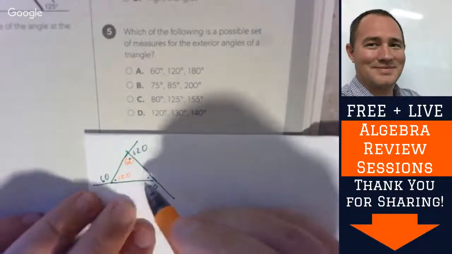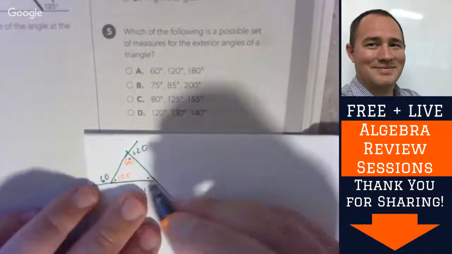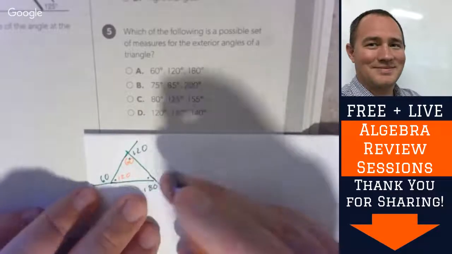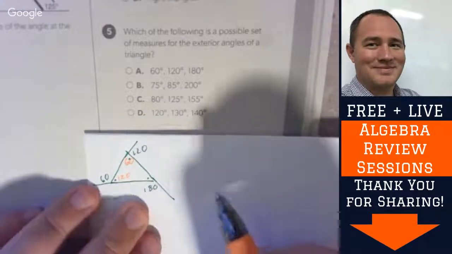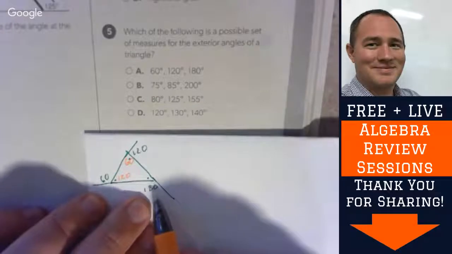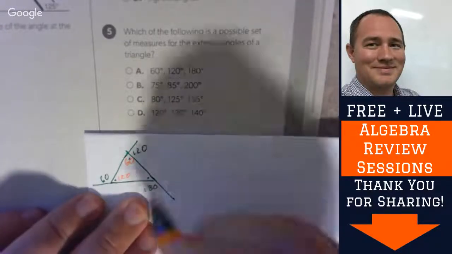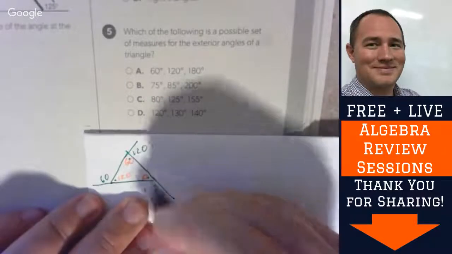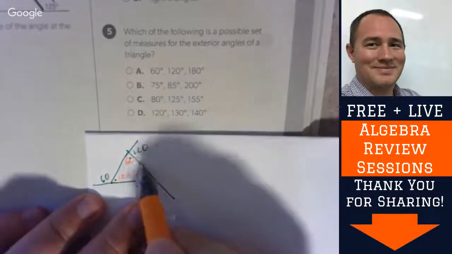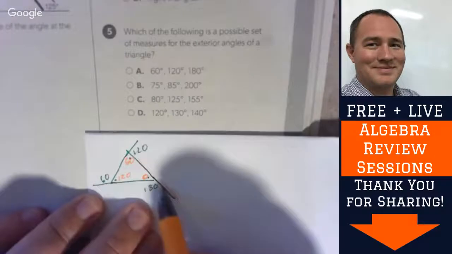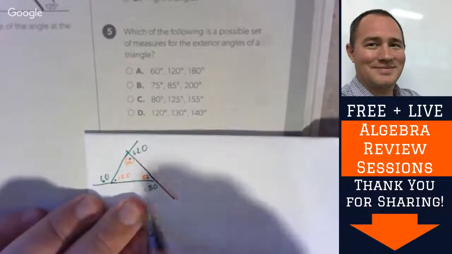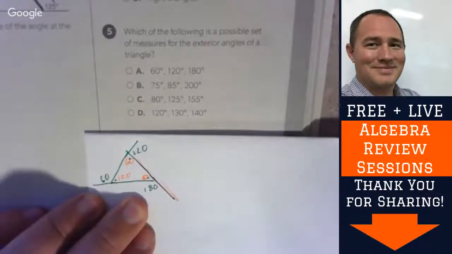You can't have an angle of 0 degrees on a triangle. And this is another part that doesn't make sense. If this angle is 180, then there's 0 degrees left when you do 180 for the straight line that this makes. That's a straight line, 180 degrees minus 180 gives us 0. So that doesn't make sense.